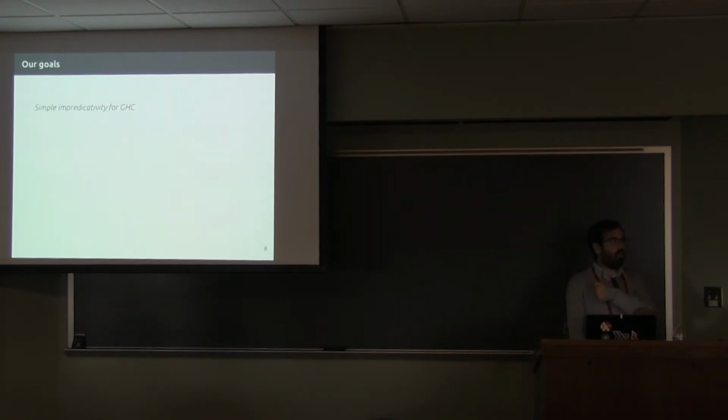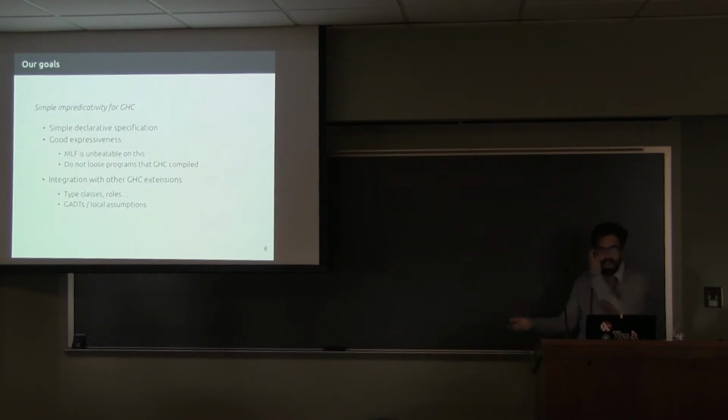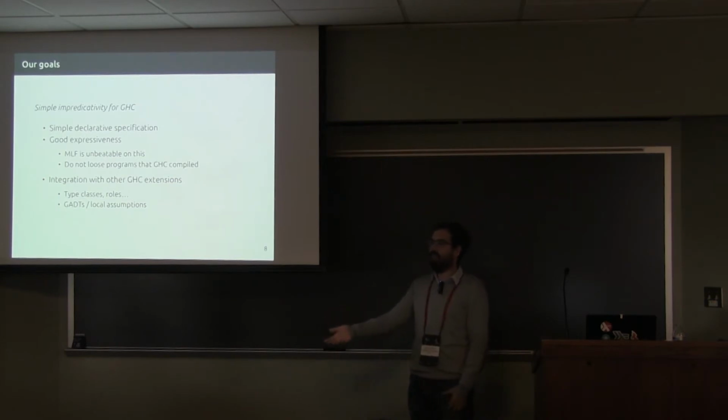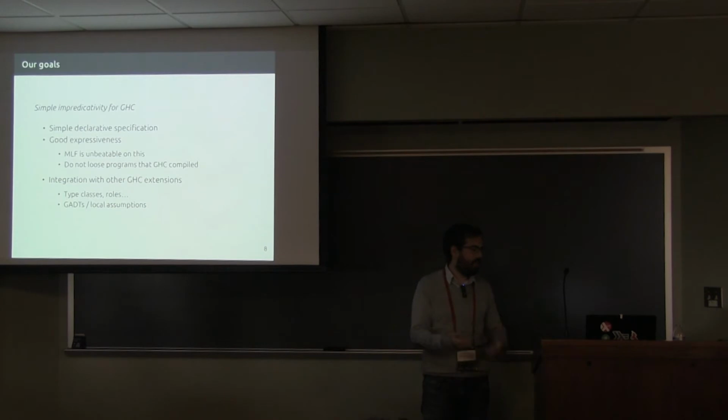So the goal of this is how we can get impredicativity for GHC, so for Haskell, in such a way that it's simple. That means I can tell you a specification which is simple enough, so you can understand why your program works or is not type checked.